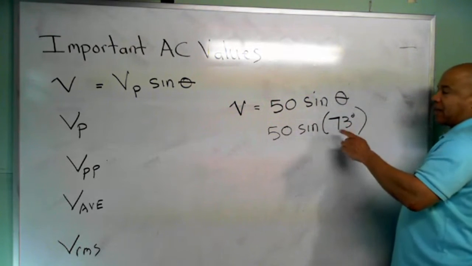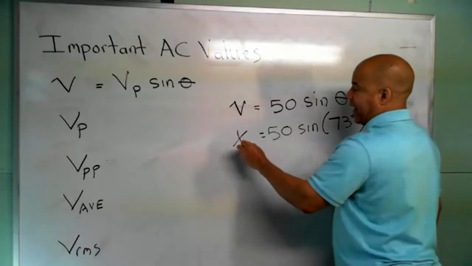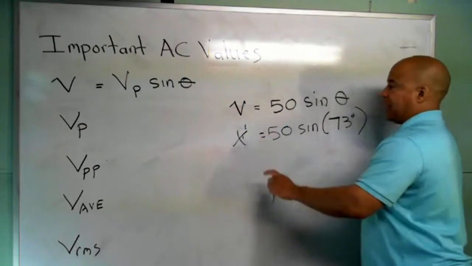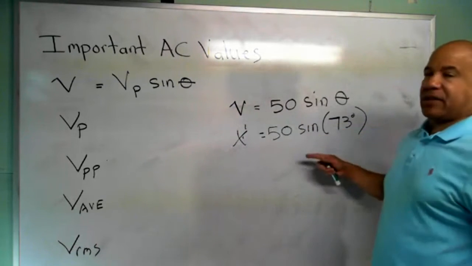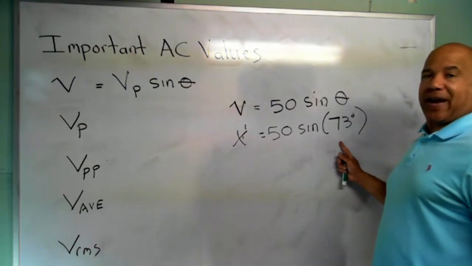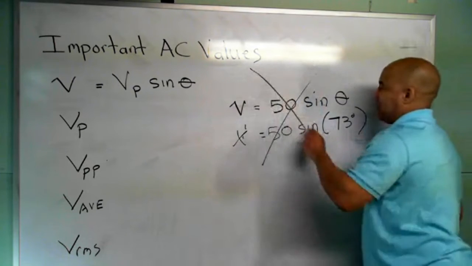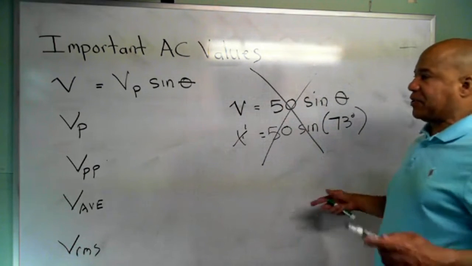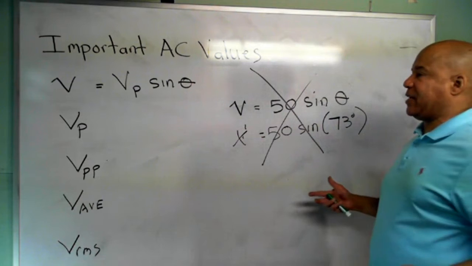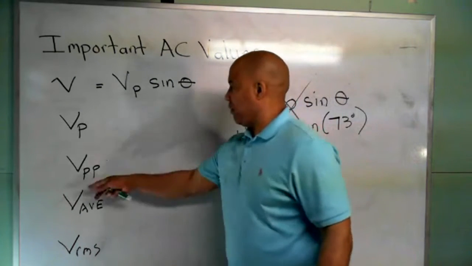Make sure your calculator is on degrees. You put it in your calculator and you get a value for v. That would be the instantaneous voltage at that particular angle or time. Usually I don't ask for this. We only talk about this so you can understand what AC is. But the values that we'll deal with more are the ones below it.